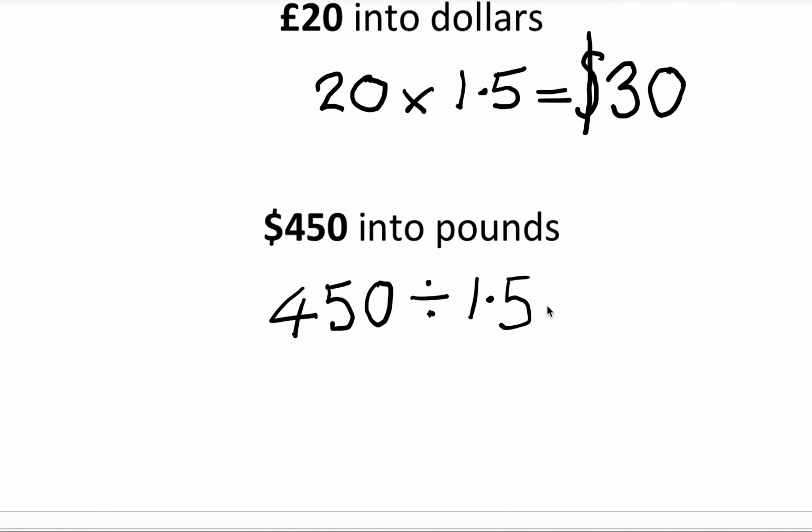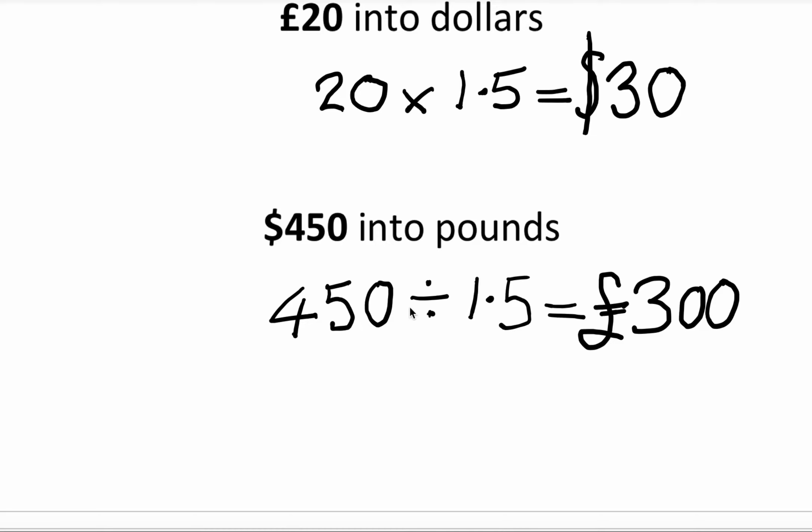And that will give you the answer. So 450 divided by 1.5 is going to be a nice round 300. And again, to get the extra marks, you've got to put your pound signs in. There is £300. So $450 is £300 when the exchange rate is 1.5 dollars to the pound.